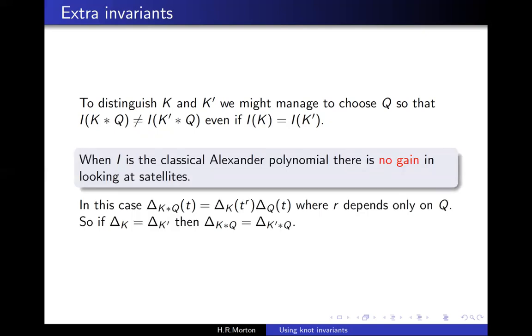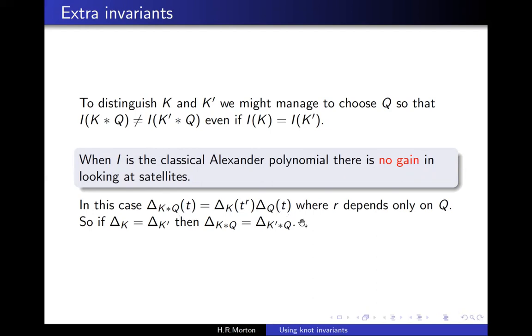In classical terms, if you've got the classical Alexander polynomial, there isn't any gain in looking at satellites. It was one of the nice things of Fox's work, Torres and Fox, that there's a very simple formula for the Alexander polynomial of a satellite of K in terms of the Alexander polynomial of K itself and something to do with just the pattern itself.